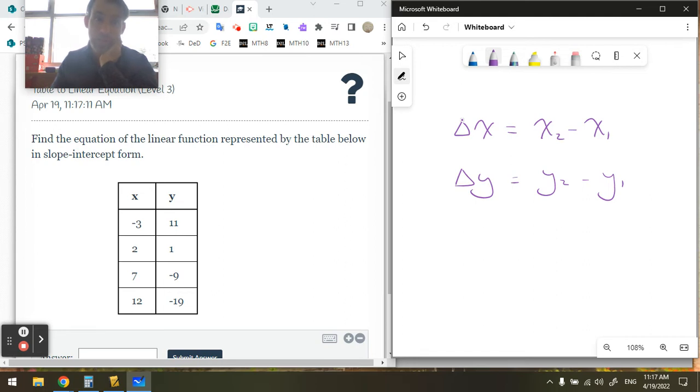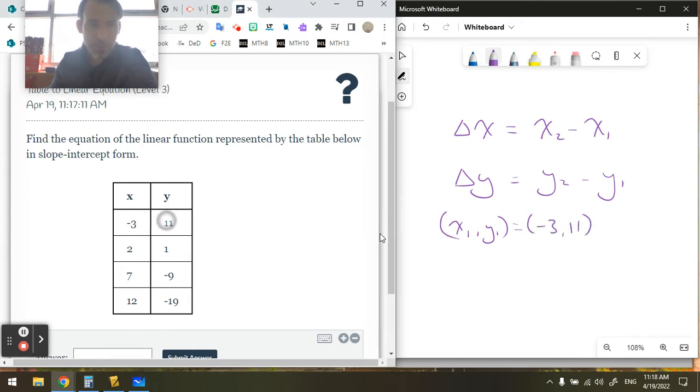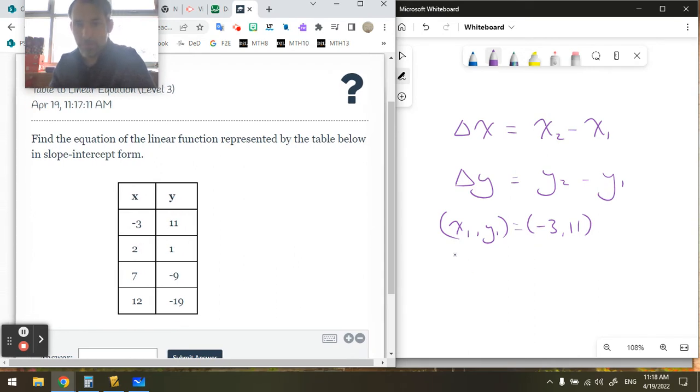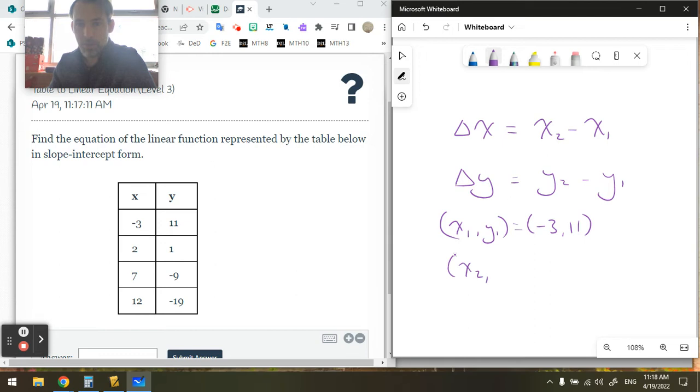Change is like you use subtraction to find how much things changed. So let's do that. I am going to say x1, y1 is this point here, negative 3, 11. I'm just getting that from the table right there, you see? And then the next one, x2, y2, is 2, 1.